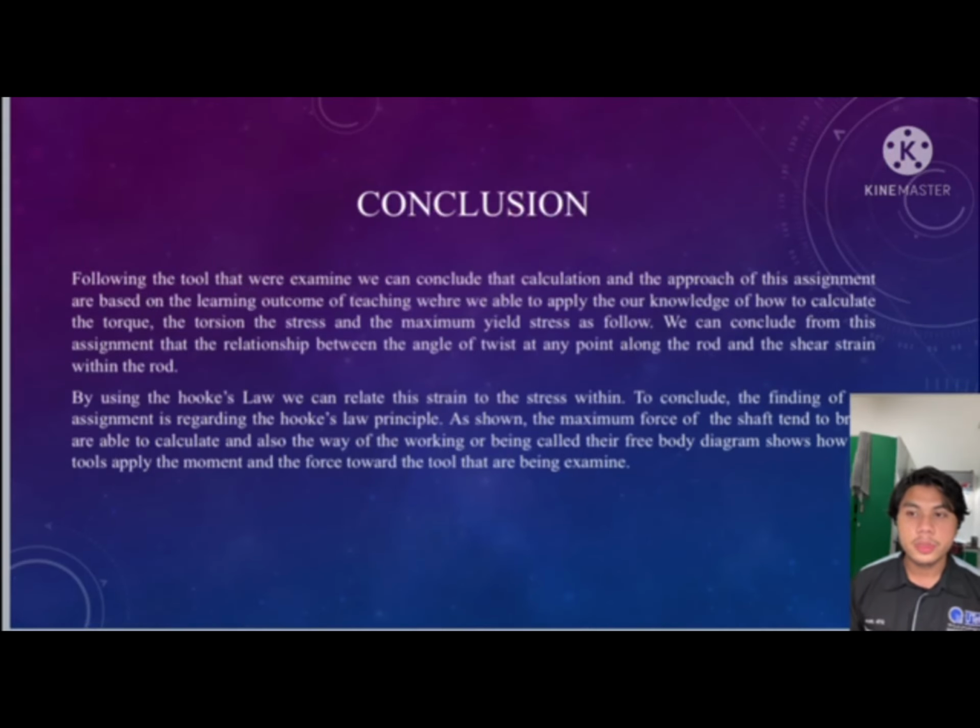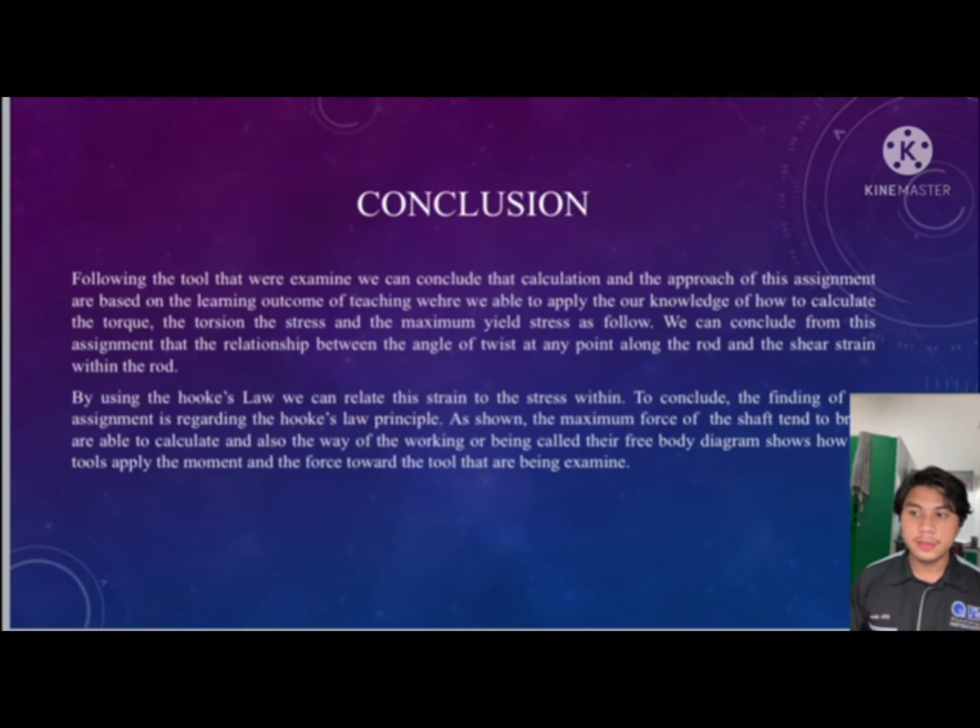For our group conclusion, following the tools that we examined, we can conclude that the calculations and the approach of the assignment are based on the learning outcome of teaching, where we are able to apply our knowledge of how to calculate the torque, the torsion, the stress, and the maximum yield stress. By using Hooke's law, we can relate this strain to the stress within.